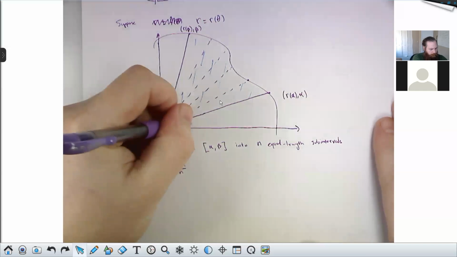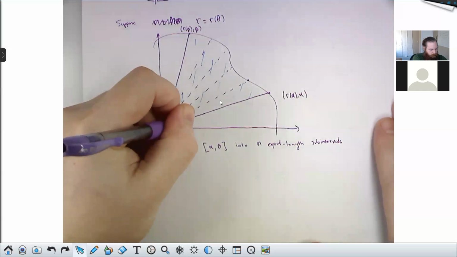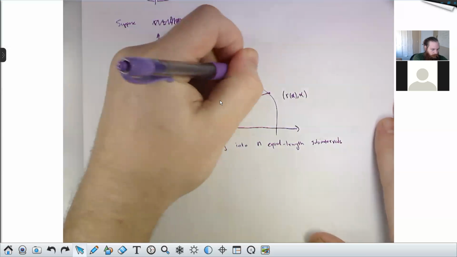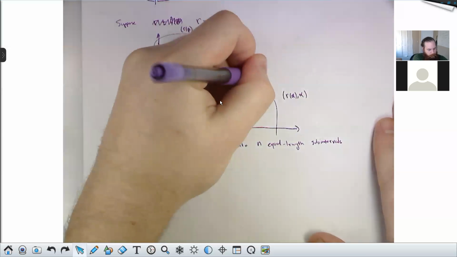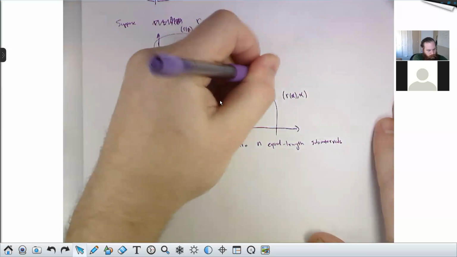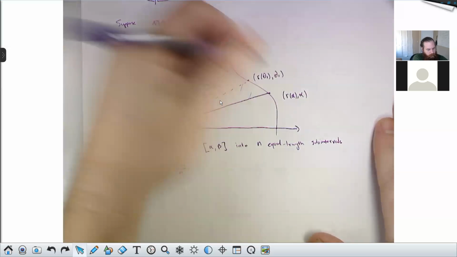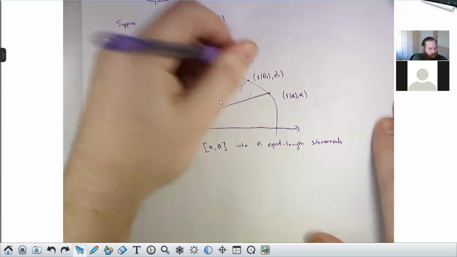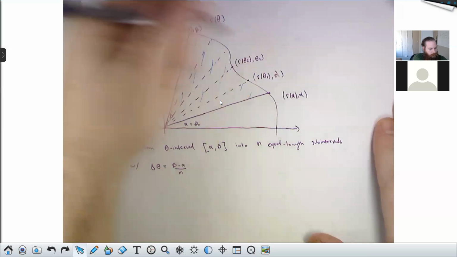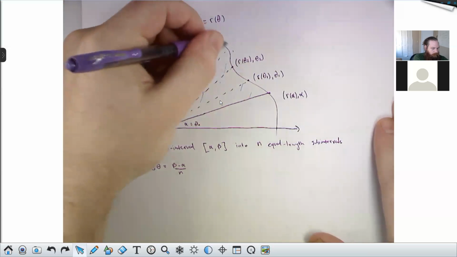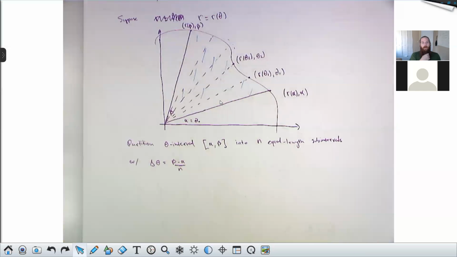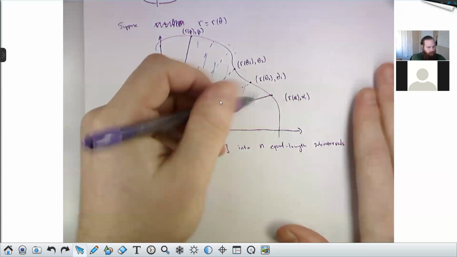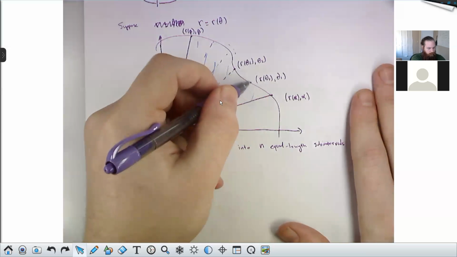So alpha would be theta 0. And this point up here, I would say it's coming from theta 1, so this would be r of theta 1, comma, theta 1. This would be r of theta 2, comma, theta 2, and so on. And then on each one of those little subintervals, I pretend like this is really just a circle.